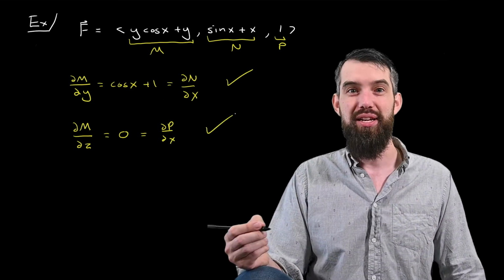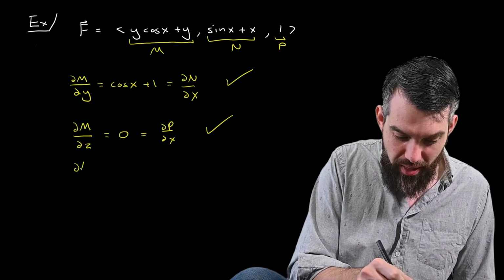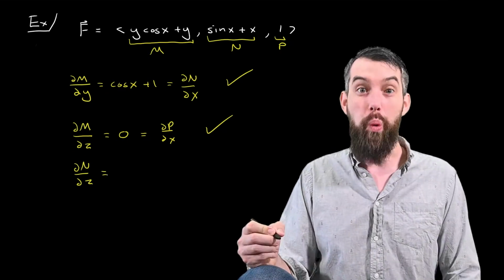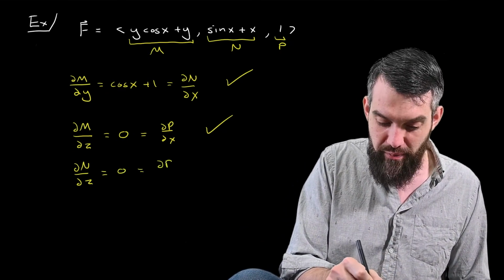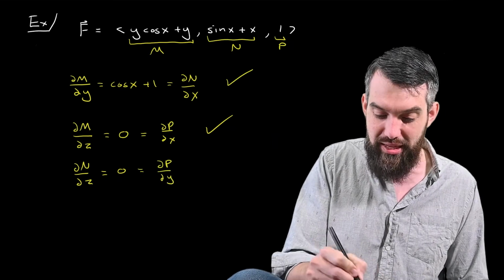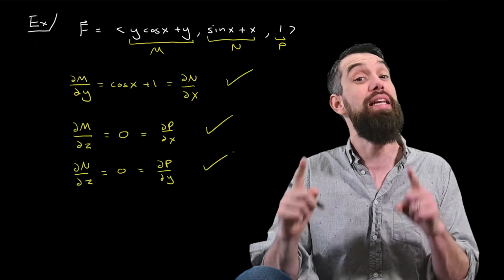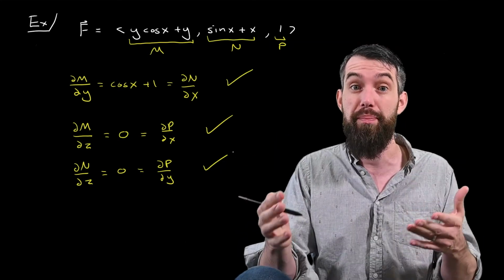The second equality that needs to be true has also been verified. And then very quickly, for the final one, the partial derivative of N with respect to z is once again 0. There just is no z inside of the N. And the partial derivative of P, which is a constant, with respect to y is also going to be 0. And so the 3 different things that needed to be checked for being conservative are true. So this is a conservative vector field.